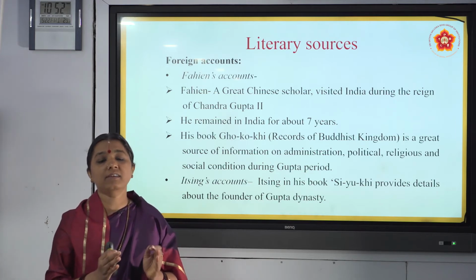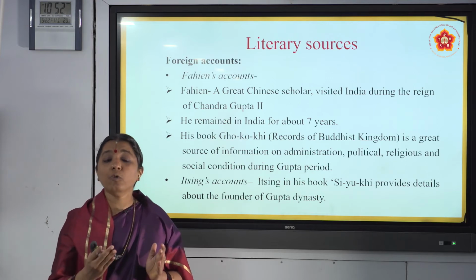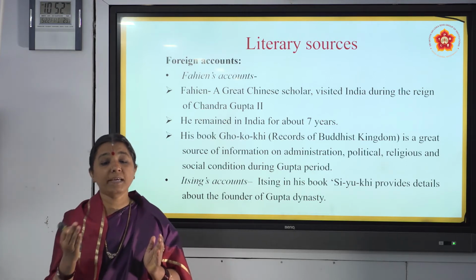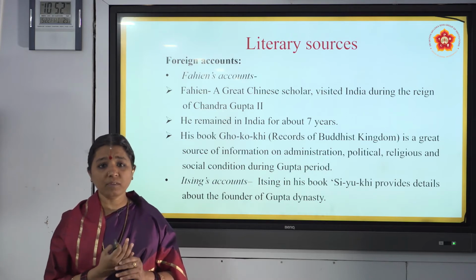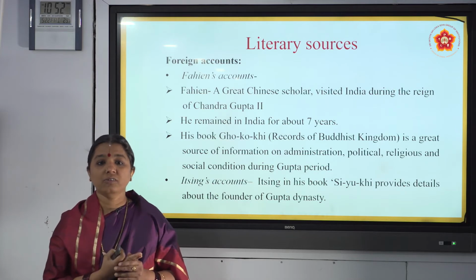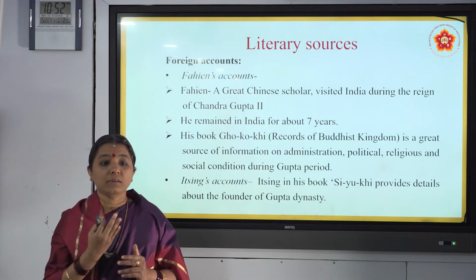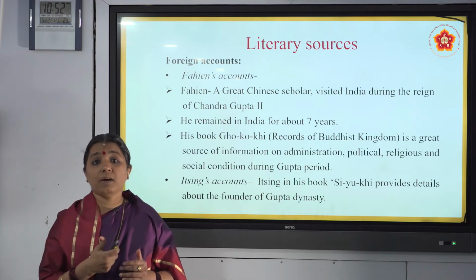The main purpose of his visit to India was to collect Buddhist literature and translate it into the Chinese language, and also to pay homage to the places associated with the life of Buddha. Khotan, Peshawar, Kanauj, Kapilavastu, Pataliputra.